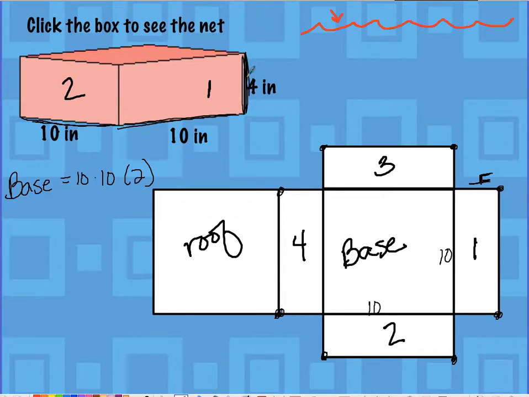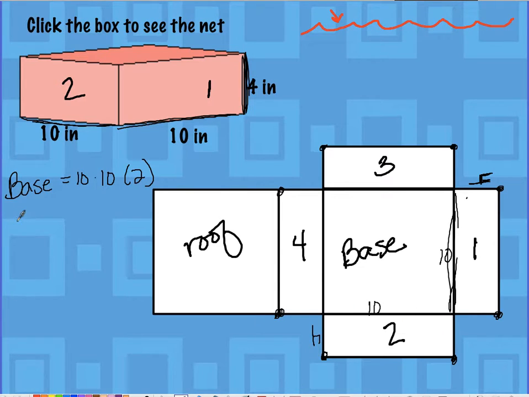So it's this measurement right here goes with this one here. And you already know that the other dimension, that base, is 10 because part of your wall has to connect to your floor. So now you have this one that is 10 by 4. Well, in this case, since your base is 10 by 10, all 4 of these shapes are actually going to be congruent.